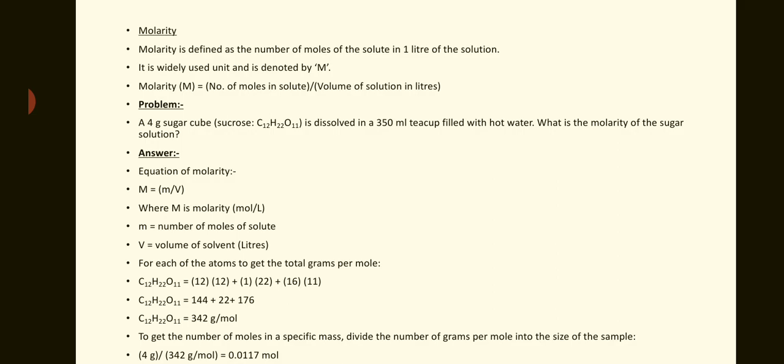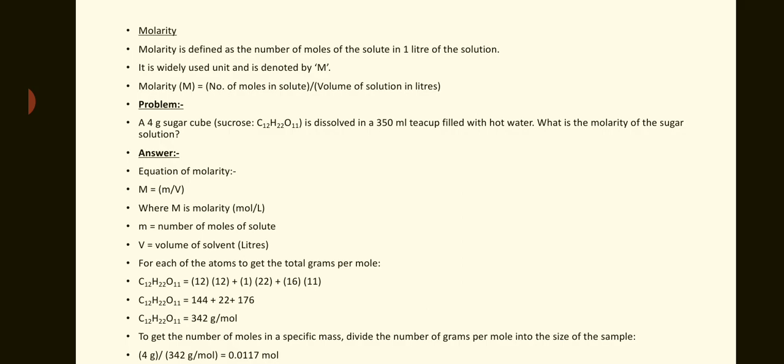If you simplify this, you will get 0.0117 mole. So we have calculated the number of moles present in 4 gram of sugar cube or sucrose as 0.0117. It is a fractional quantity.